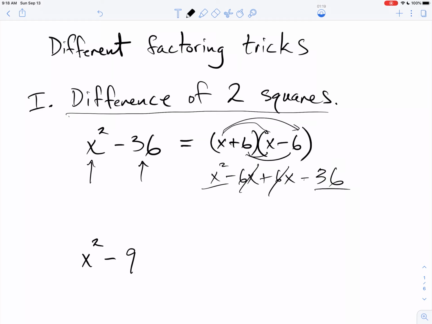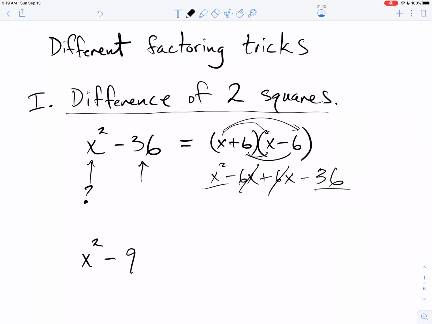The thing is, recognizing when you see a factoring trick saves you a lot of time. So, just like they taught you in Algebra 1, you have to ask yourself, what would I have to multiply by itself to get an x squared?